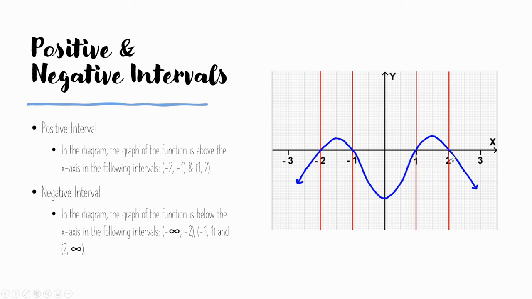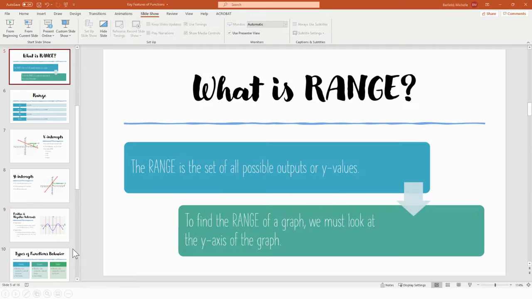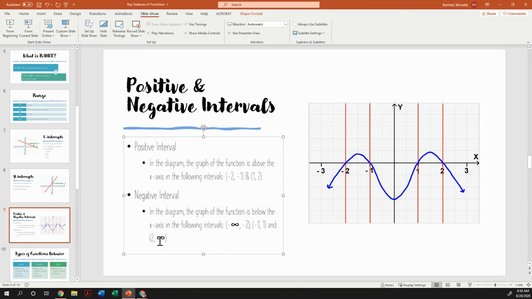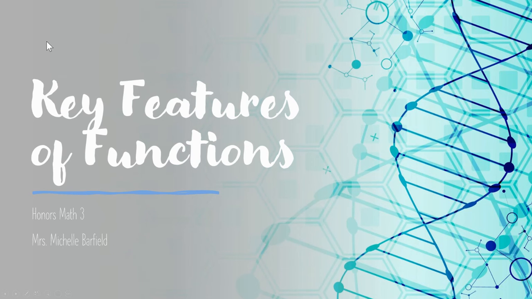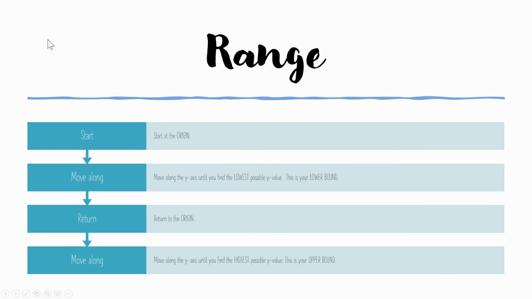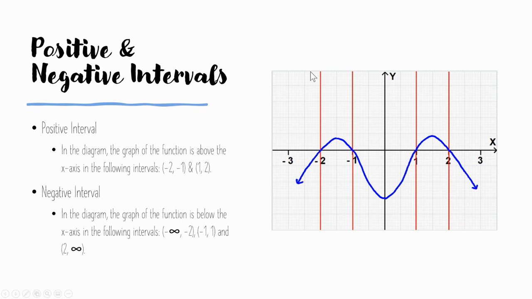And then from 2 to, and it should be negative infinity. Let me fix that. Oh no, it's positive infinity. I'm sorry, I was correct. I was looking at the y values, but when you're looking at x values, the x goes towards positive infinity because I'm looking at the x-axis. That was my mistake.